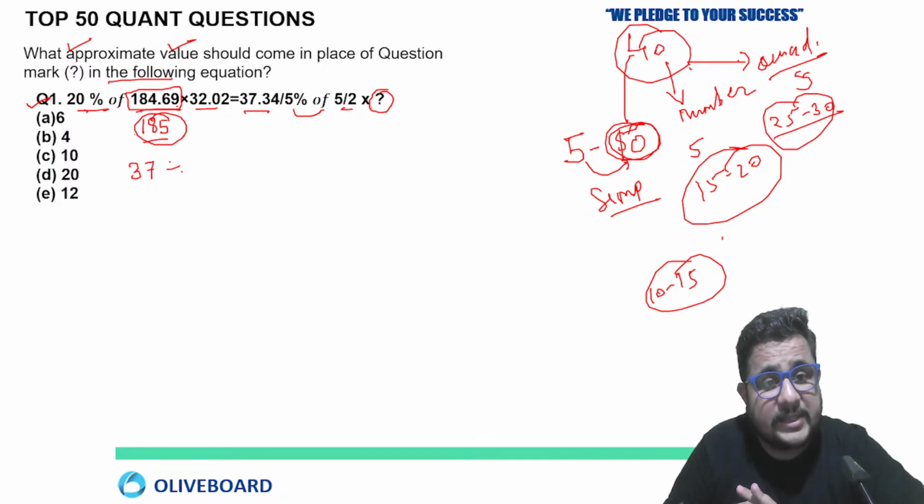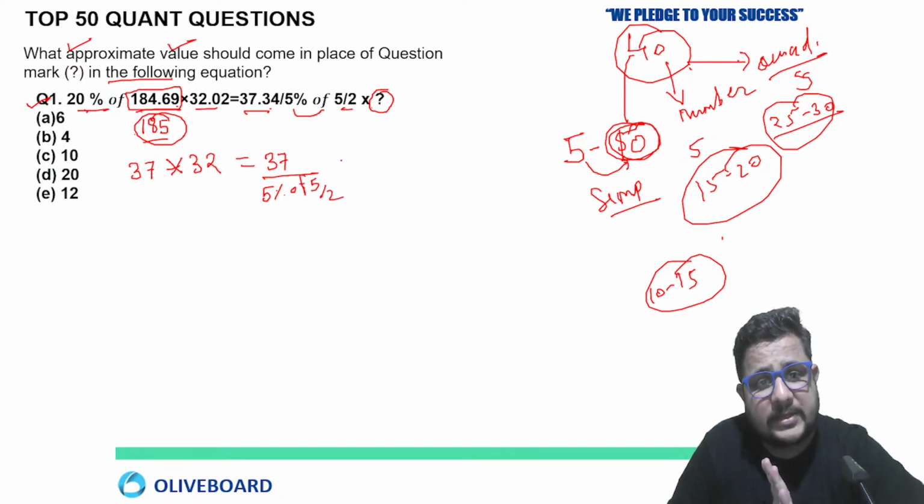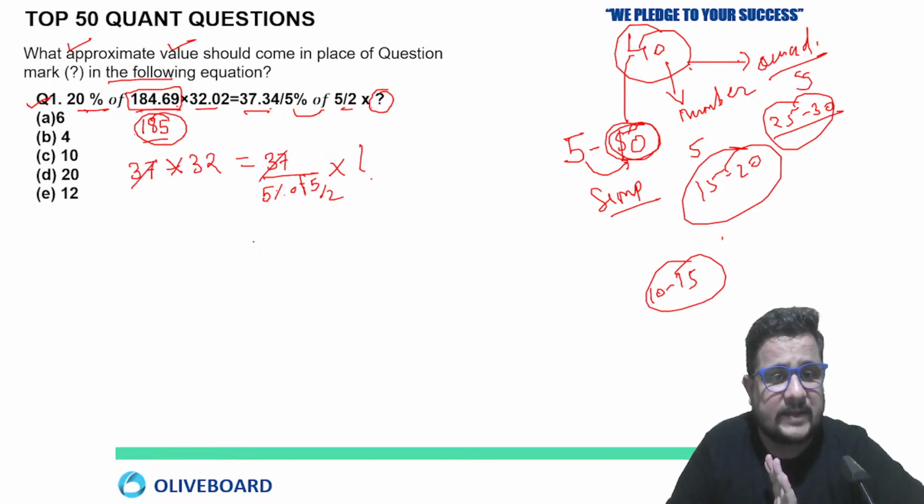Multiply 32, equal 37.34, which is approximately 37, by, means in division, 5% of 5 by 2, multiply question mark. So 37 and 37 cancel.